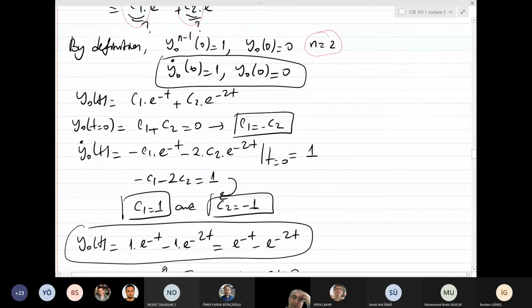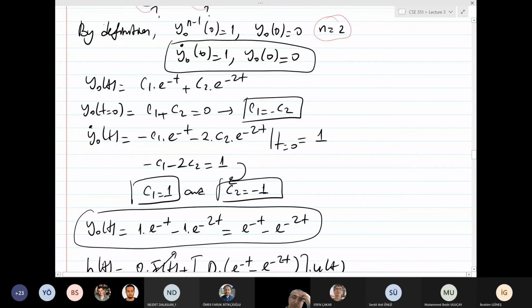Okay, these are our two initial conditions. Now we are ready to obtain C1 and C2 using these two initial conditions. Let's start with the first initial condition. Y0 of t is equal to this. When t is equal to 0, we just plug in 0, and it becomes C1 plus C2 equal to 0, and C1 is equal to minus C2.